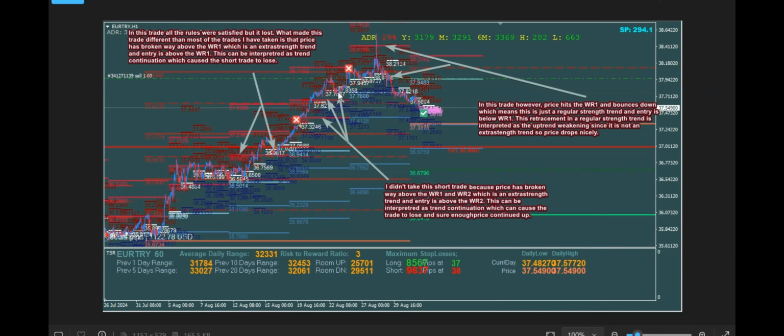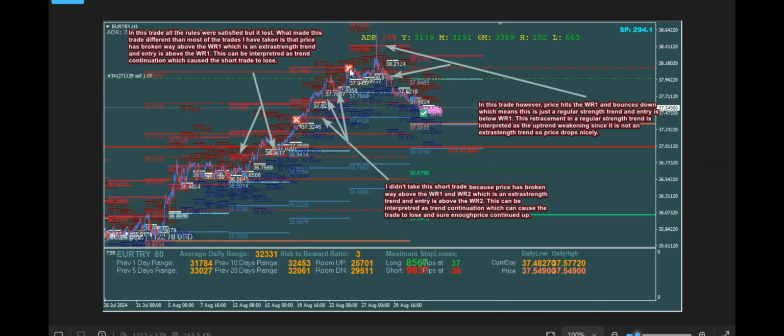So when a short trade entry presents itself, it would behoove us to ignore this trade because we'll be shorting during a very strong extra strength uptrend, okay? And this can cause the trade to lose, and sure enough, price continued to the upside, okay?